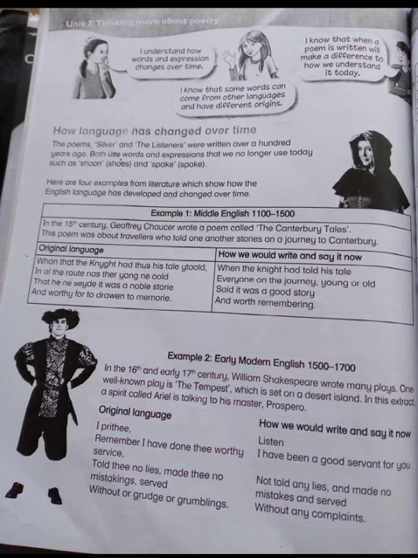Now, if we look below, it says here are 4 examples from literature which show how the English language has developed and changed over time. Example 1, we have Middle English, 1100 to 1500.